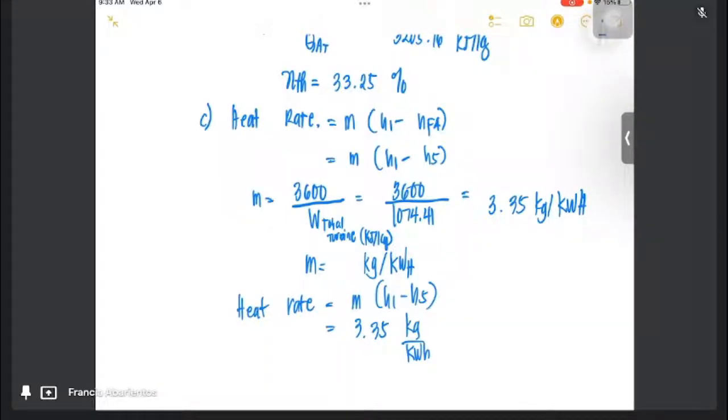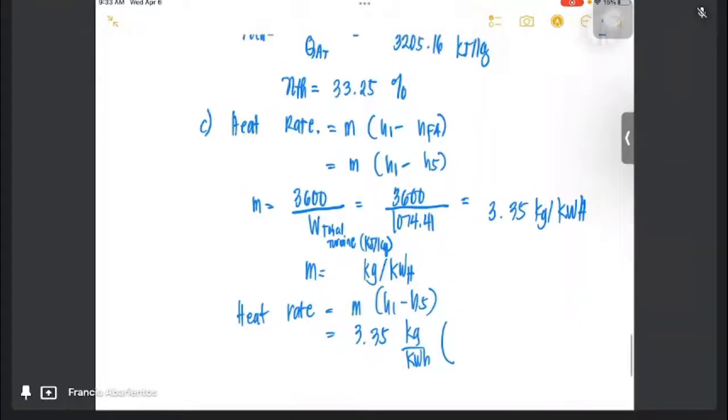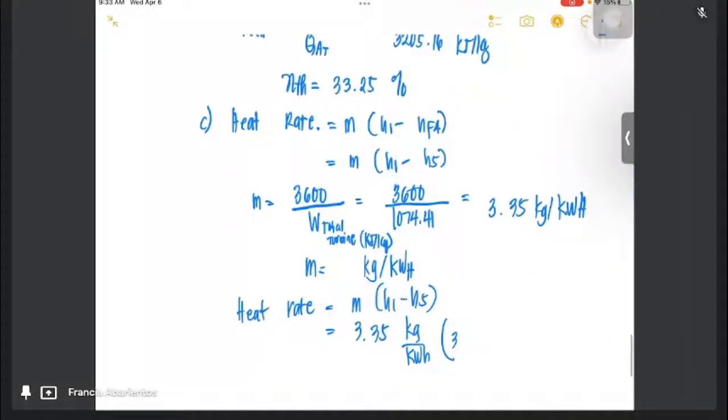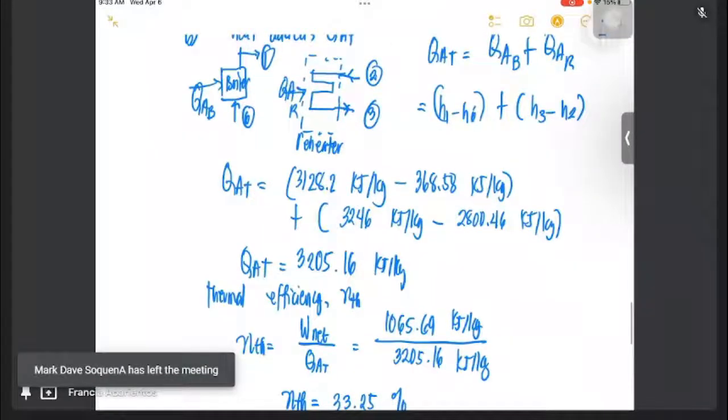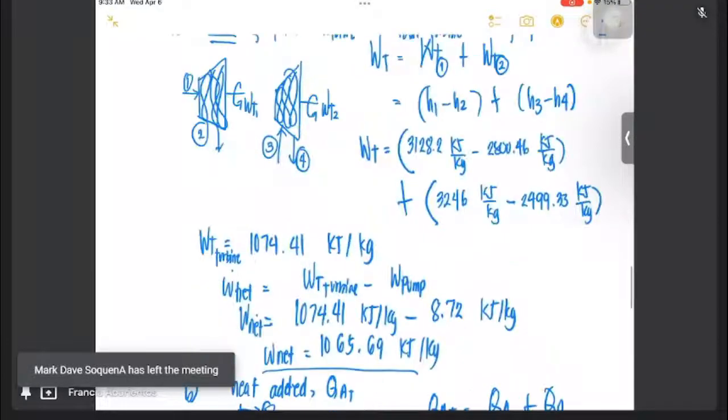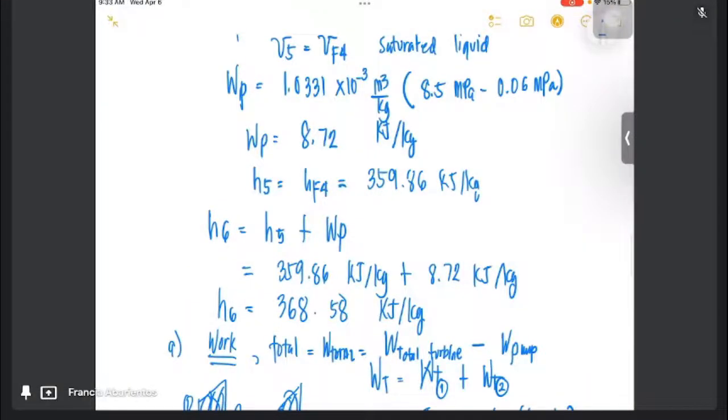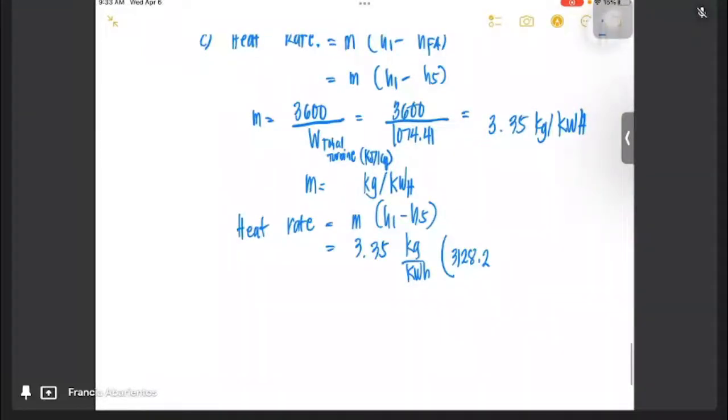Our H1 is 3128.2. Right? H5, let me find H5: 359.6. So let's compute the heat rate: 3128.2 minus 359.6.